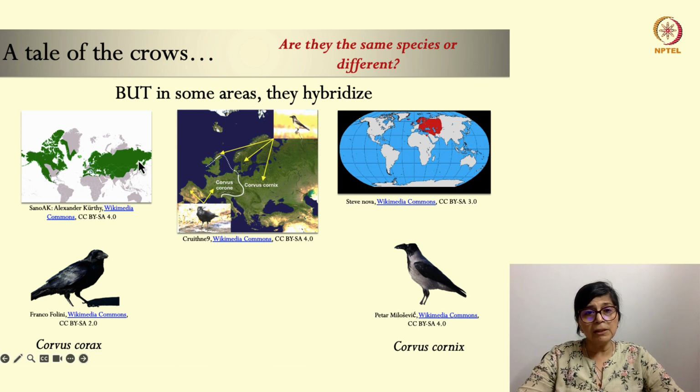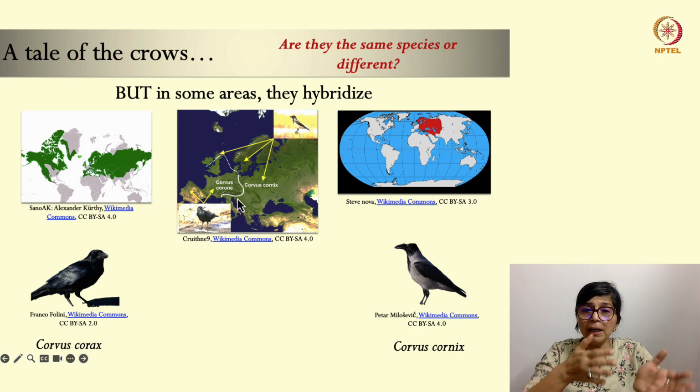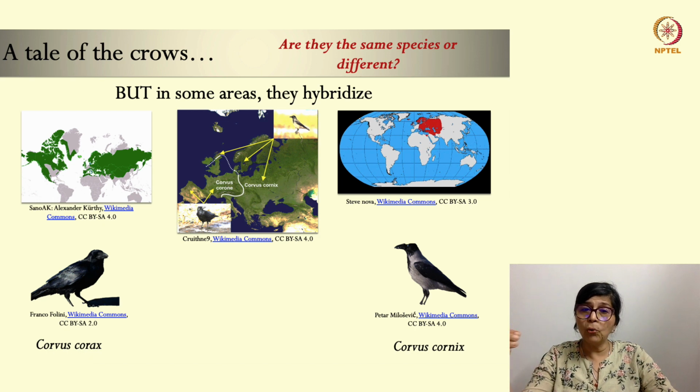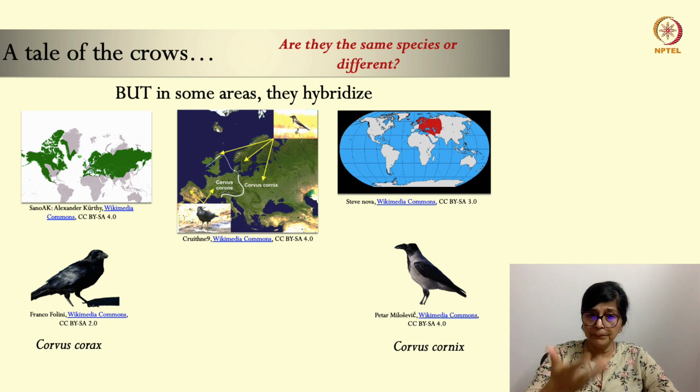So we will concentrate on this population here in Europe, and you can see in the middle map there's a fine line drawn, a white dotted and white bold line, which says there is a demarcation. On the right hand side the grey crow is more predominantly found, whereas on the left hand part of that line it's more predominantly the black crow or the common raven, right?